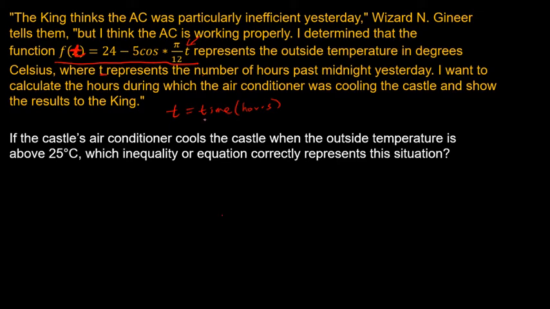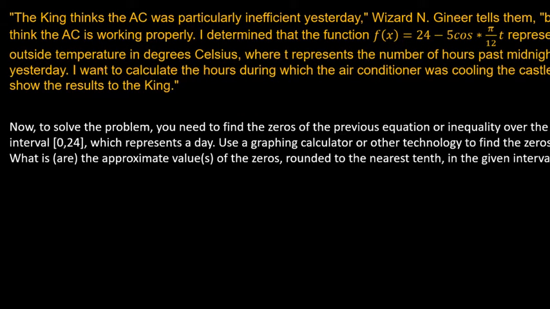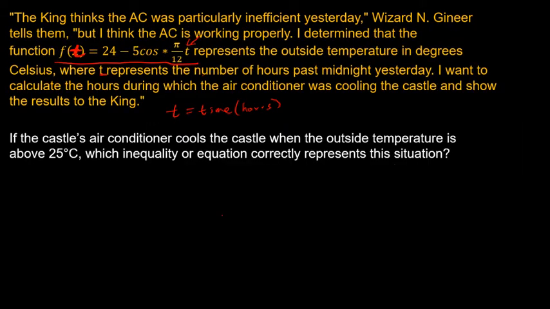So we're saying if we plug in some value for time in hours past midnight, what's the answer we're getting from doing that? Well, this is representing the outside temperature in degrees Celsius. So if I simplify this function, I'm getting degrees Celsius. You can think of this as our y variable. So y is temperature in Celsius.